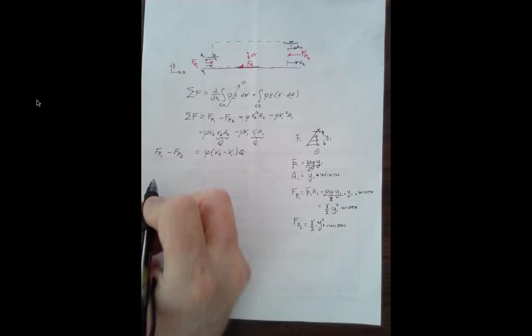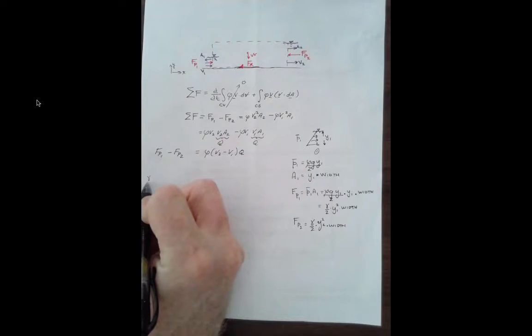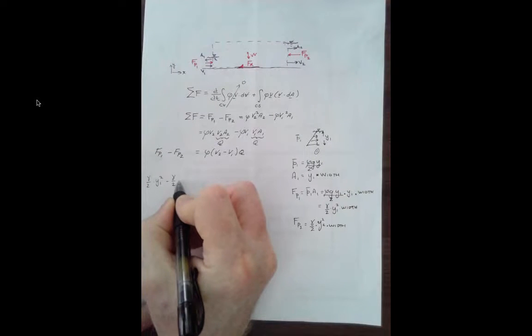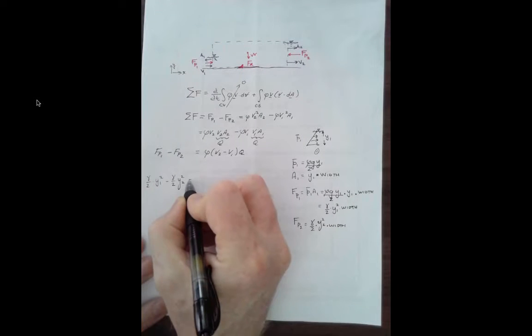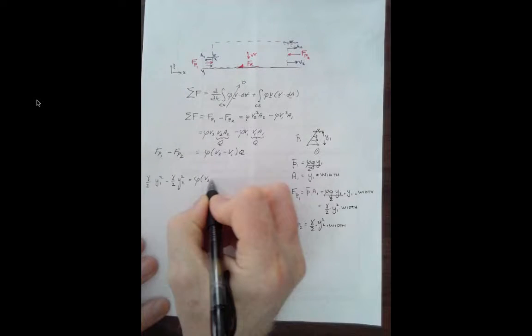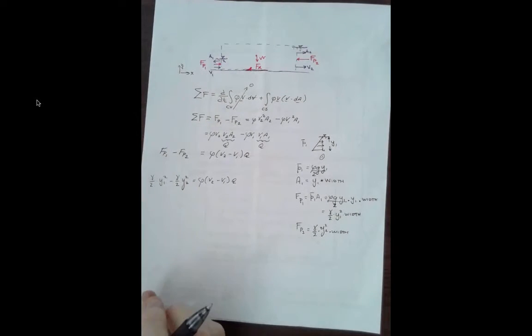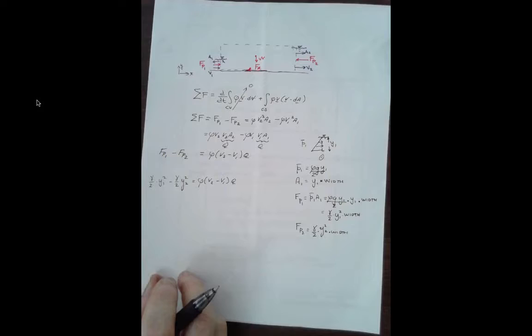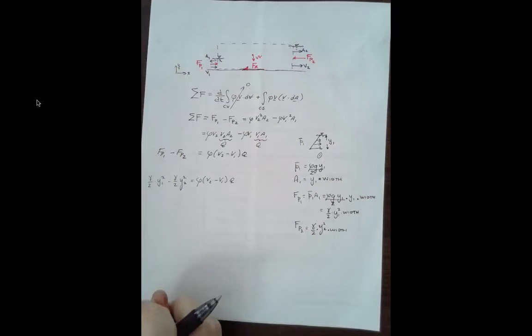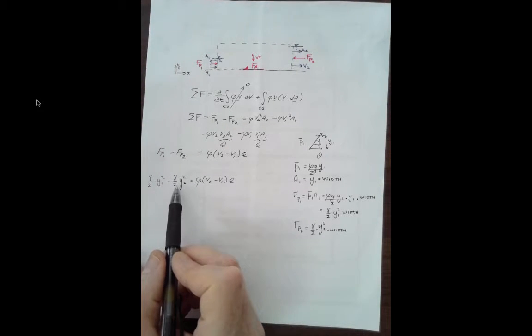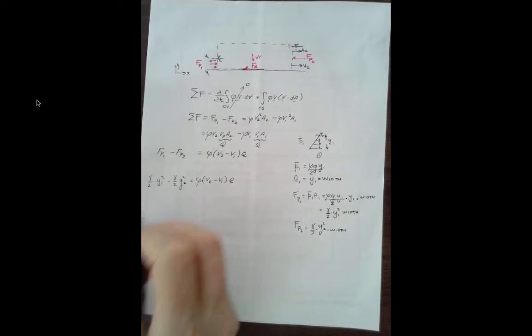We can substitute those in. So gamma over 2 y1 squared minus gamma over 2 y2 squared equals rho times V2 minus V1 times Q. We could proceed forward to try to express y1 in terms of y2 or y2 in terms of y1.